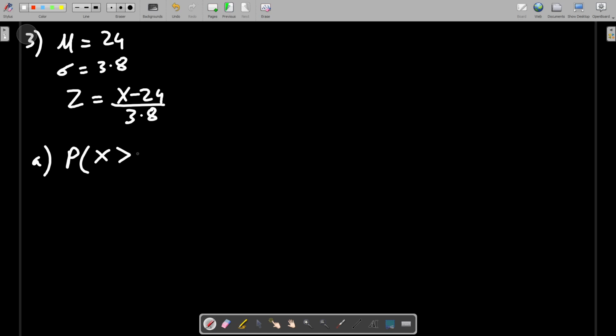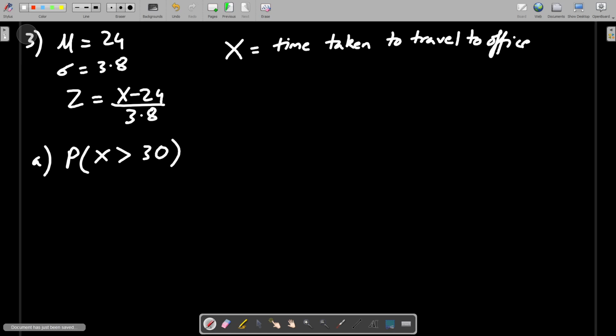x will be greater than 30. Write down x is the time taken to travel. Write this down now, and for the previous problem also write down.